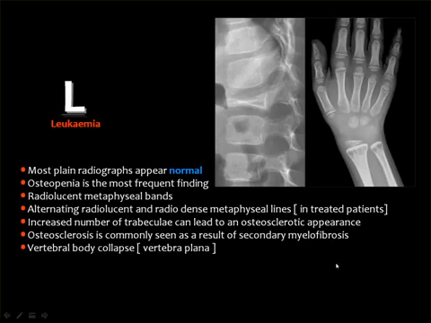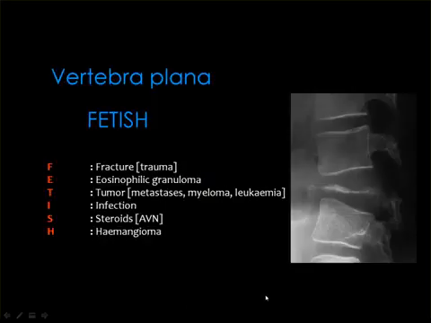You may get some osteosclerotic appearance, and you may get also collapse of one or more of the vertebral bodies, which is known as the vertebra plana. Then, what is the differential or the causes of the vertebra plana?